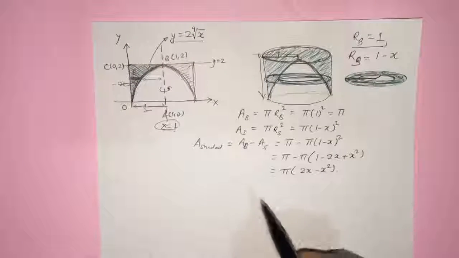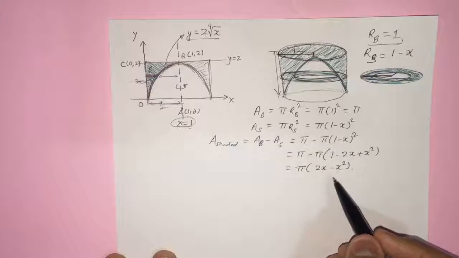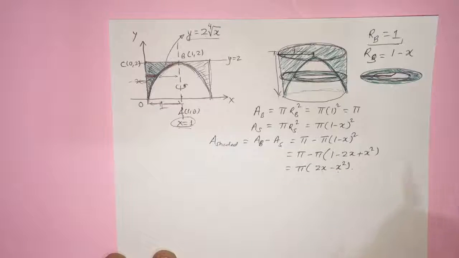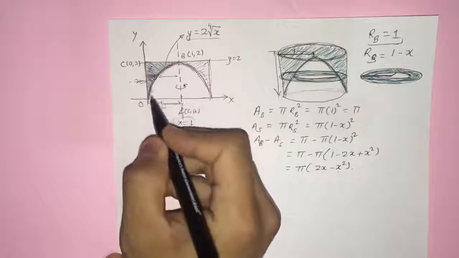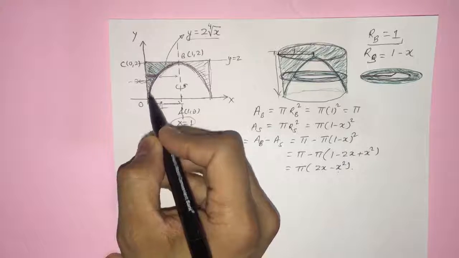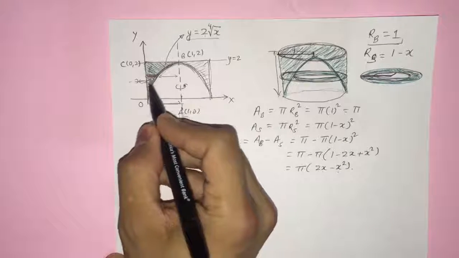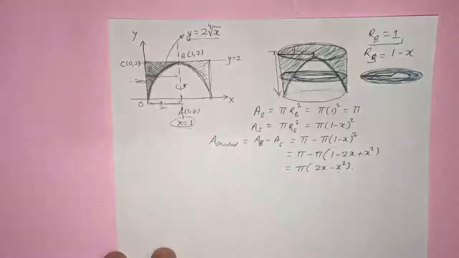But we need this x in terms of y. Why? Because we are integrating with respect to y, because this strip will move from the bottom to top, right? There are a lot of strips moving from bottom to top.